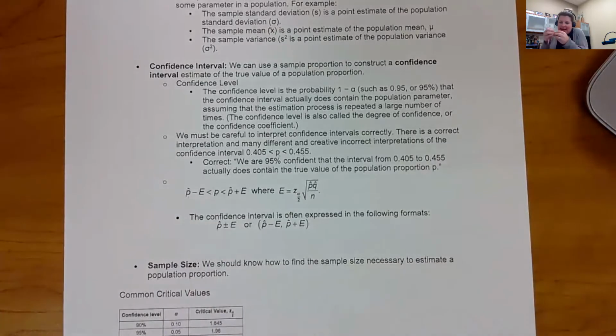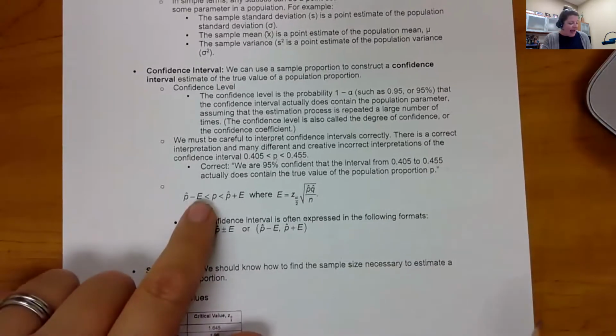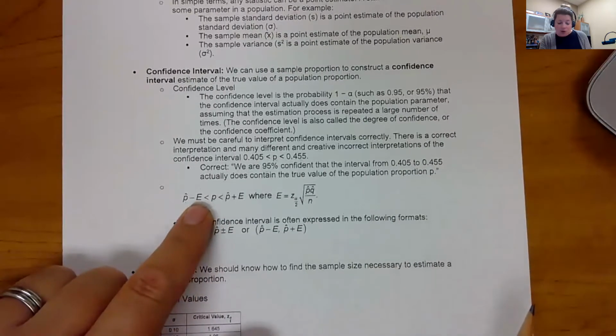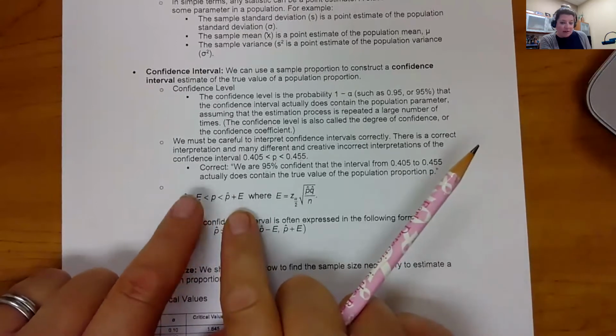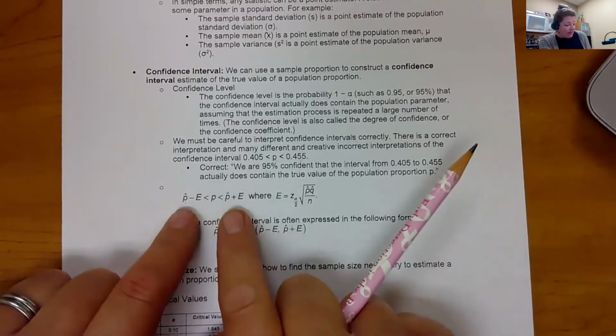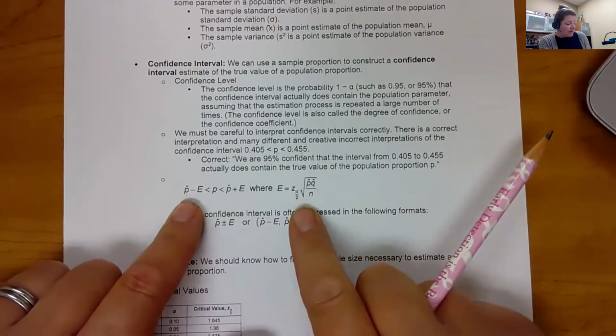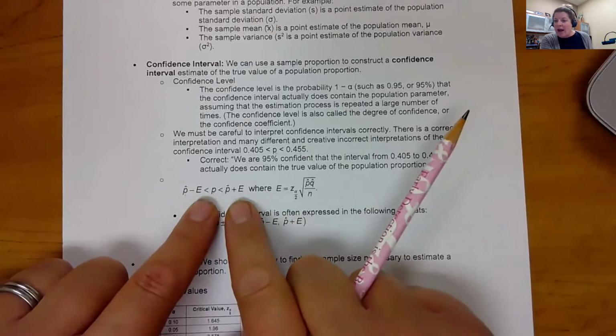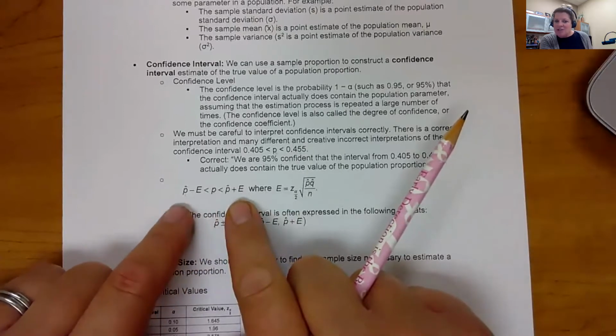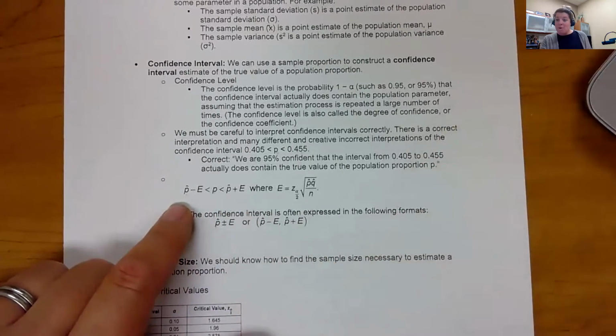So I gather my data, I have the sample, right? And I'm going to add my error and subtract my error. Subtract on the lower, add on the higher, and that's how I get in between these two. When we get an example, you'll see what I mean a little bit better. But basically, we have to figure out our error and then add and subtract it to our sample's proportion.